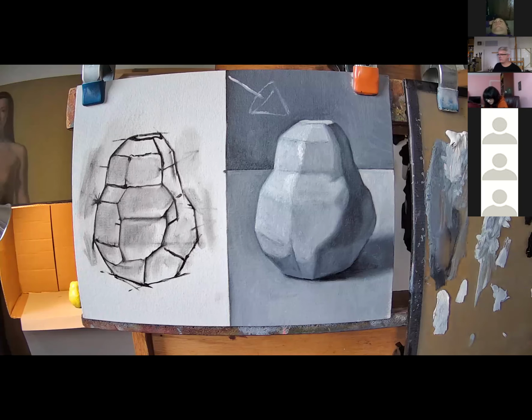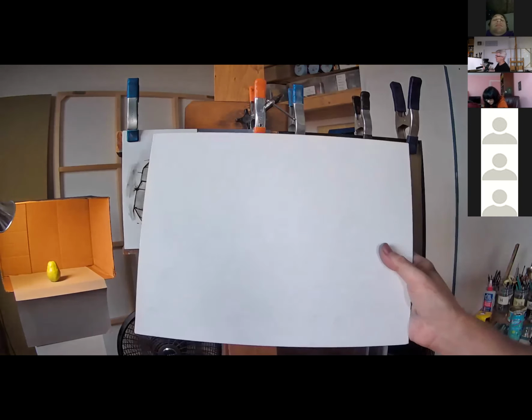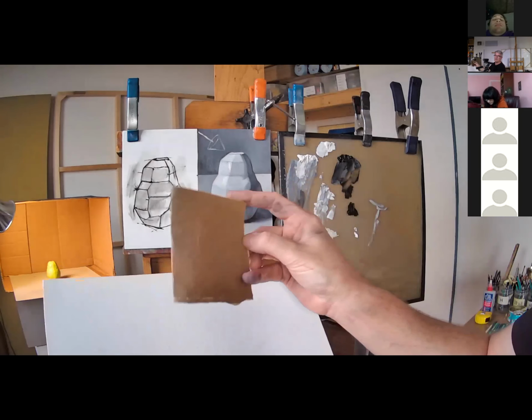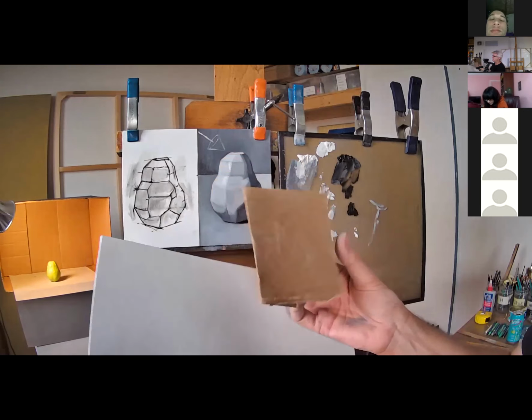So I take 150 grade sandpaper. You get a couple sheets like this. It's very inexpensive at the hardware store.